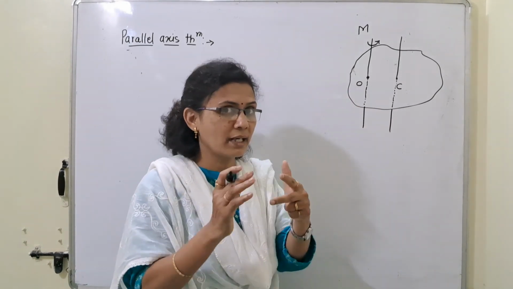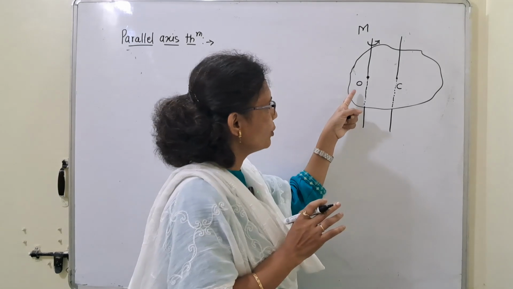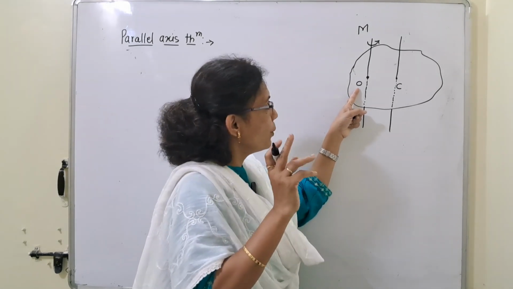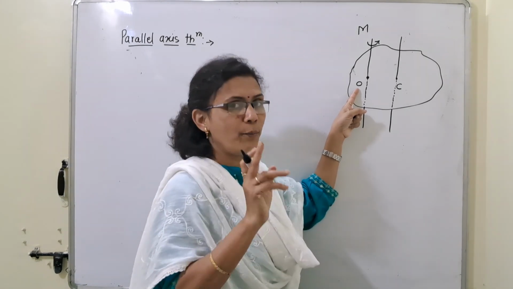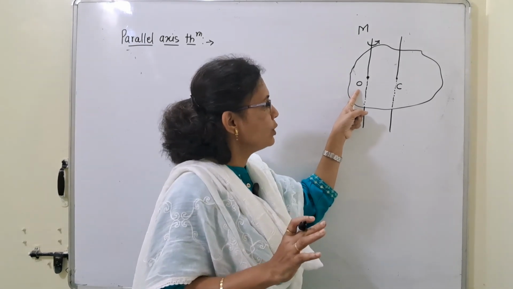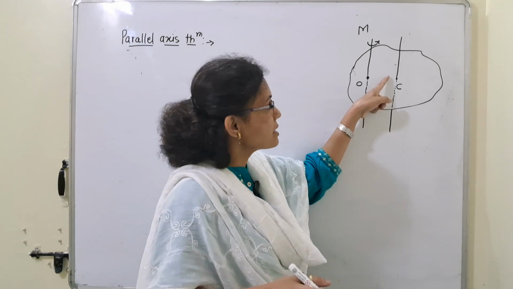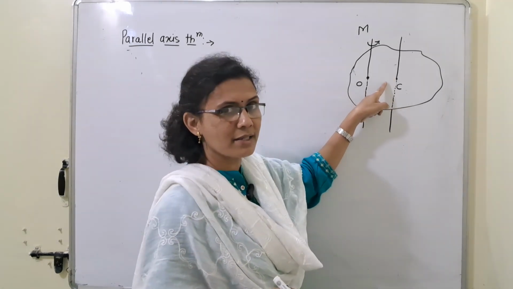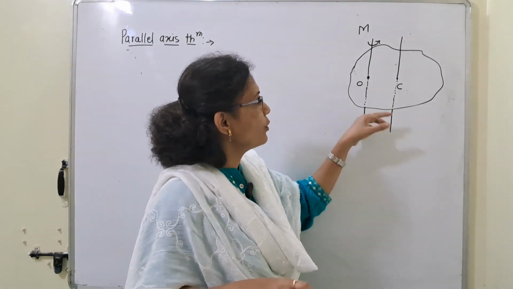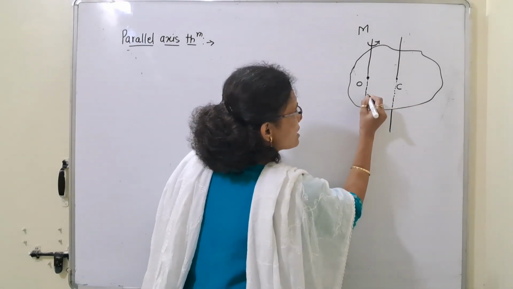See, I will repeat that statement so you will get the idea. We have to find the moment of inertia about this point. Then what will be the statement? The moment of inertia of a body about any axis is equal to the moment of inertia of the body about an axis passing through the center of mass, and the product of the mass of the whole body and the square of the distance between them.